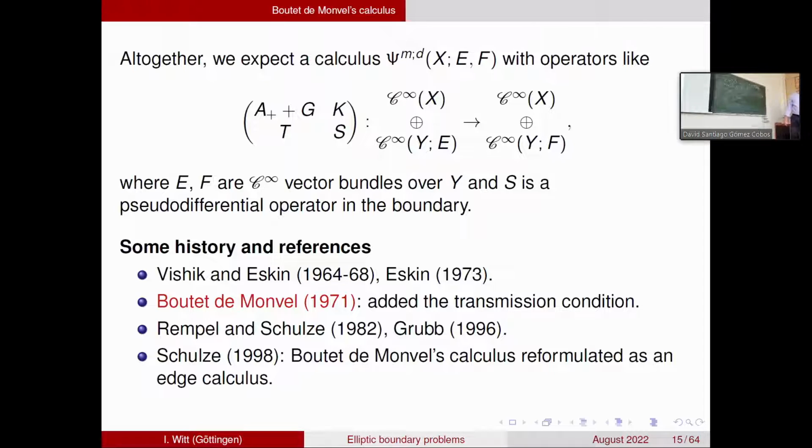And then E and F, so we can have more than one boundary, and E and F are complex vector bundles over the boundary. And S turns out to be a pseudodifferential operator here. So you can also have vector bundles here, just for the scalar case.